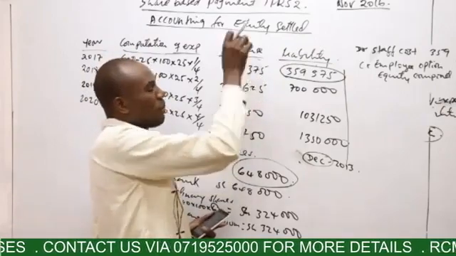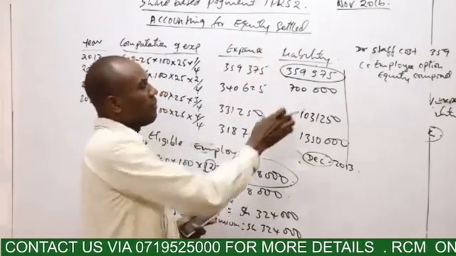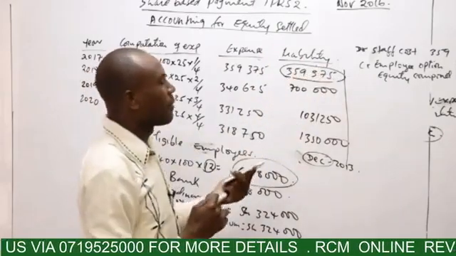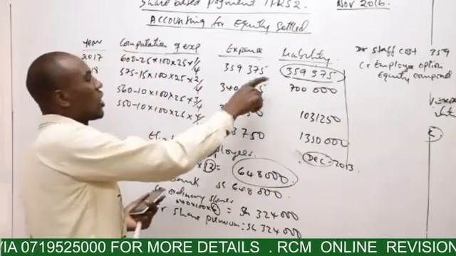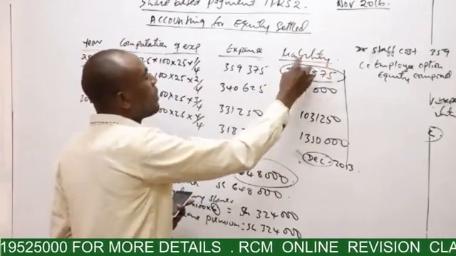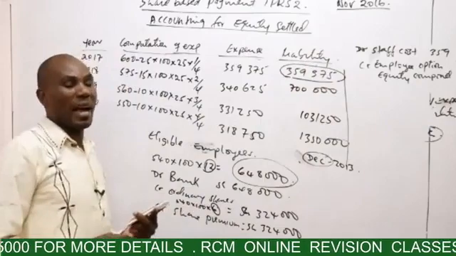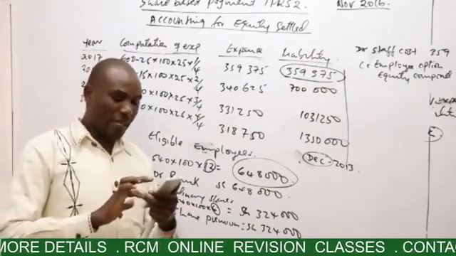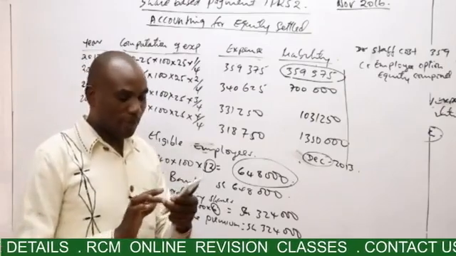This expense you report in the income statement. Then you have this liability, but this one you report under equity. But if it is a cash award, then this will be reported as a liability under the balance sheet.